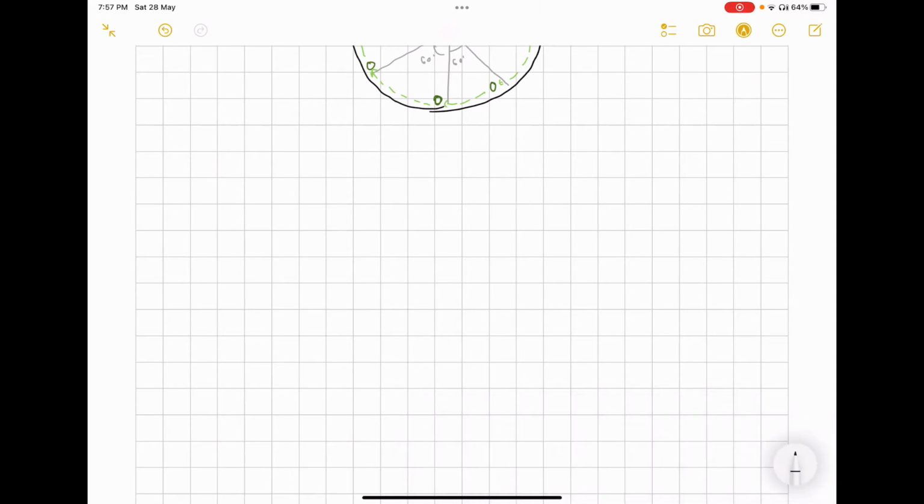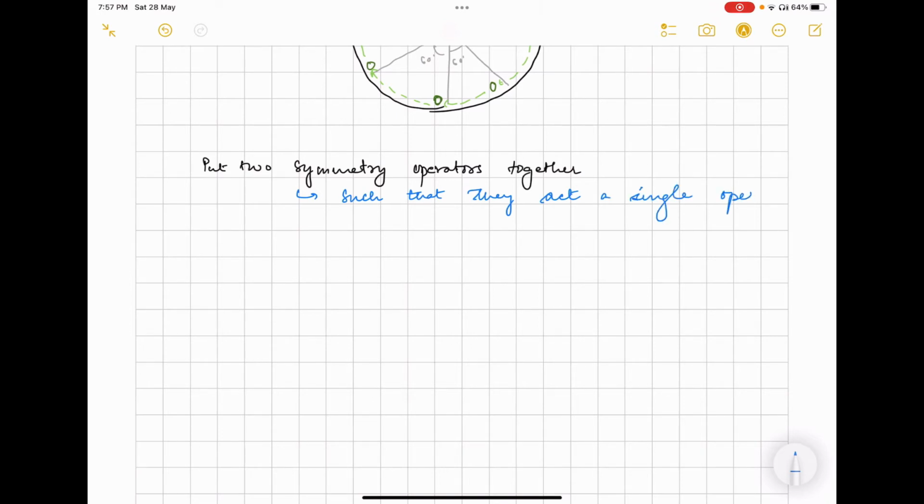When we put two symmetry operators together such that they act as a single operator, this is called a compound operator.